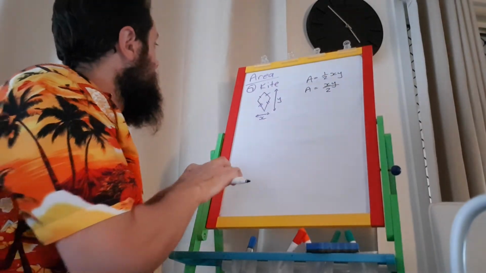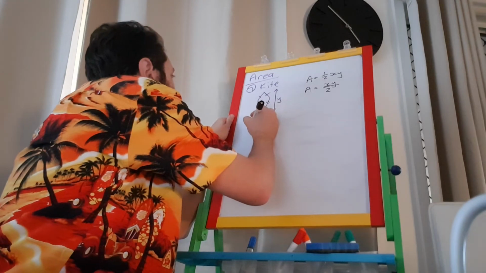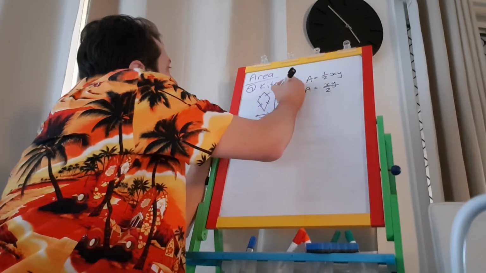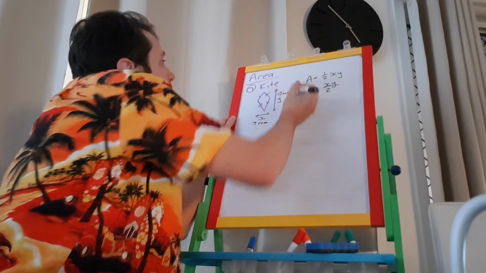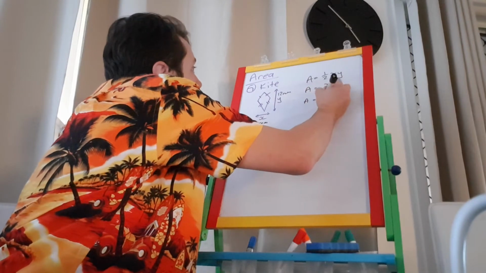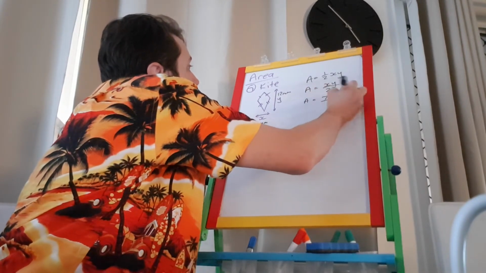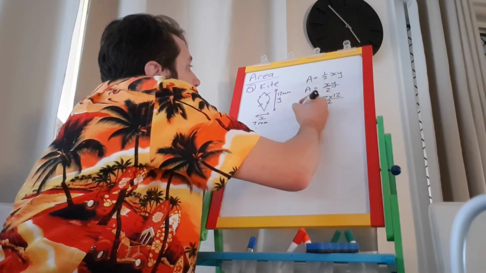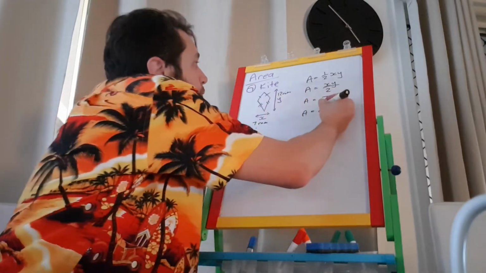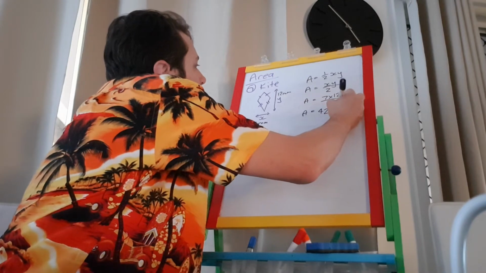Alright, so in this case, if I made this 7 millimeters and I made this 12 millimeters, you put the values in the formula, so area will be 7 times 12 divided by 2, which will give you 7 times 6, 42 millimeters squared.